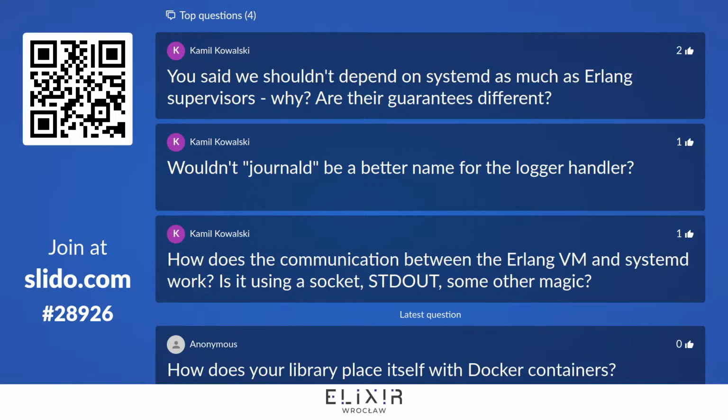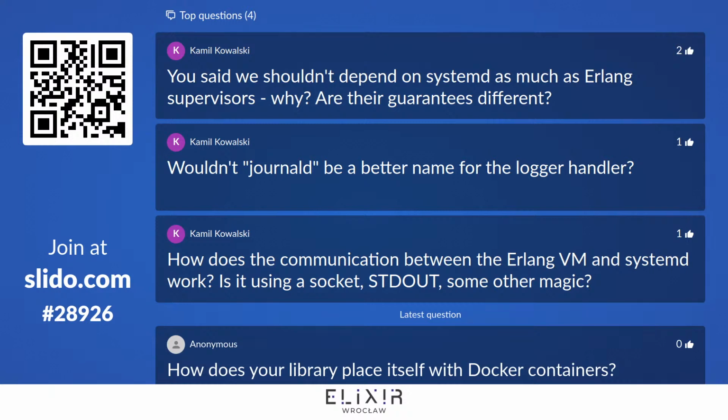So if there are a lot of restarts by systemd in your application, then probably you are doing something wrong. Another important thing is that starting the whole Erlang virtual machine is quite slow. In contrast to restarting Erlang processes, restarting a system process is quite heavy, so it will take time, which in most cases you don't have to spend to make it work.